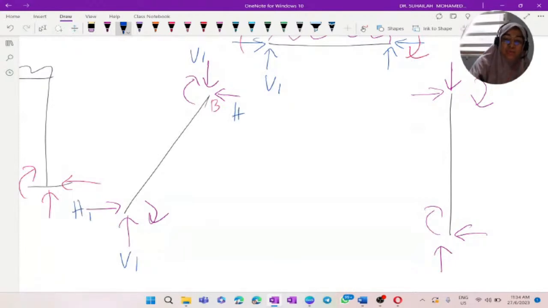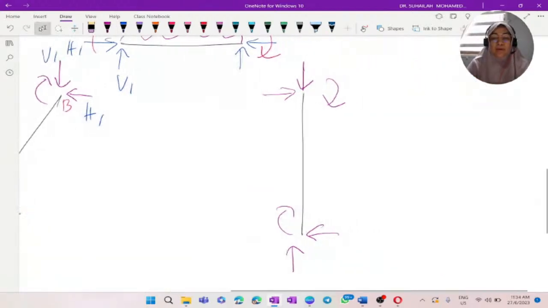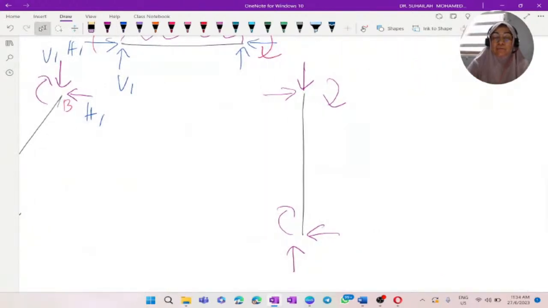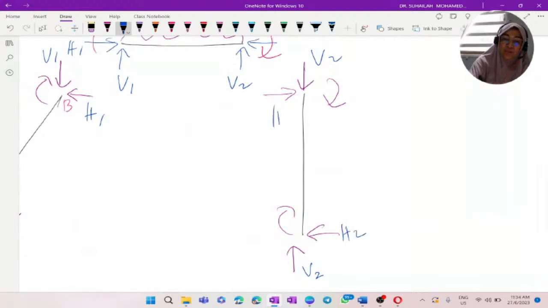So this is H1, this is H1. For member CD, we label as 2. So this is V2, this is V2, this is V2. And for horizontal force, it is H2, this is H2, this is H2.